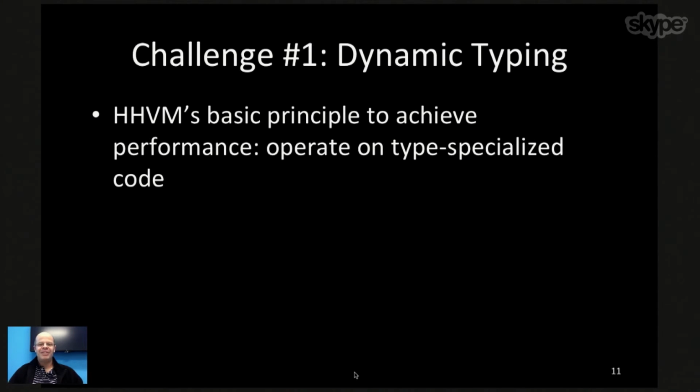They have some semantics, and you need to preserve the proper behavior in those cases as well. So a basic principle we have in HHVM is that to obtain performance, we need to know the types. We only want to operate on typed code so that we can specialize and generate very efficient code for the common case, for the real types that are flowing through the system at runtime.